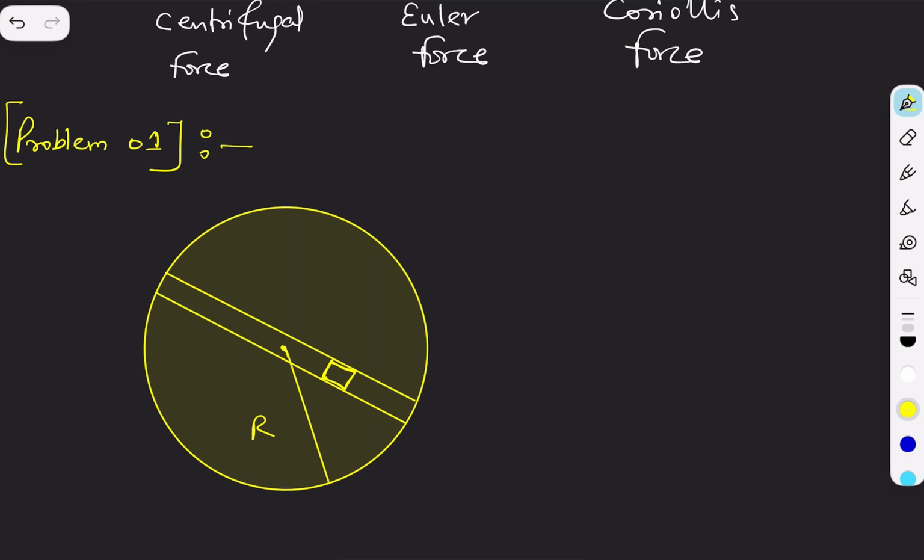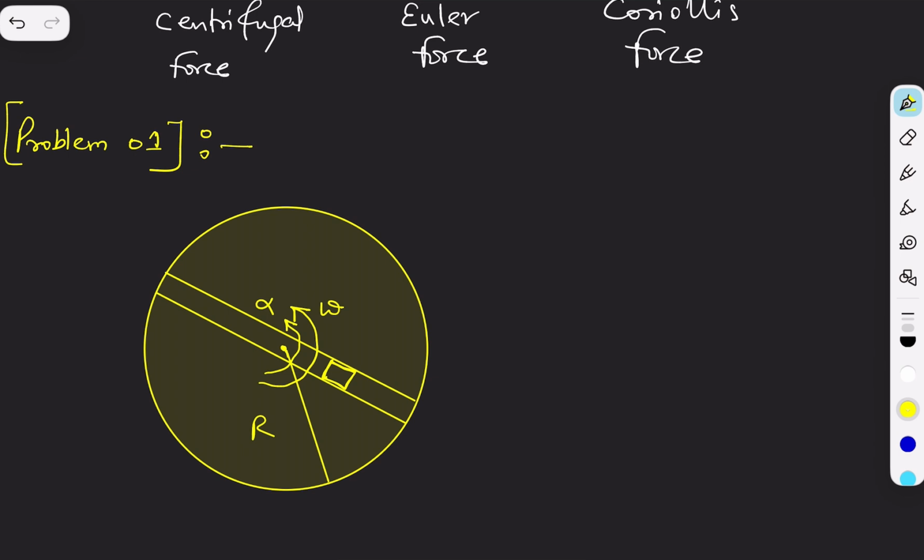At any general moment, the disk is rotating with omega velocity, and at the same moment it is having some angular acceleration alpha in the same direction as omega.